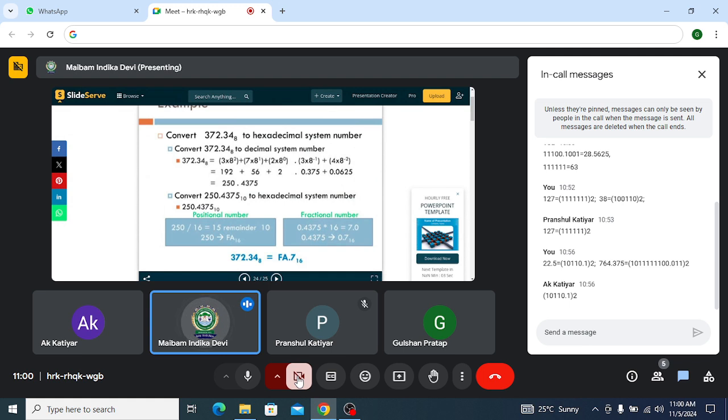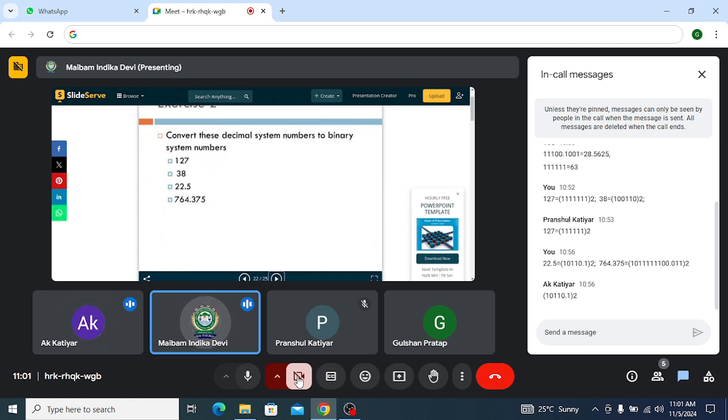Forget about this. So far we have done conversion from decimal to binary, decimal to octal, decimal to hexadecimal, right? That is the first part. After that we have done conversion from octal to decimal, binary to decimal, and hexadecimal to decimal.